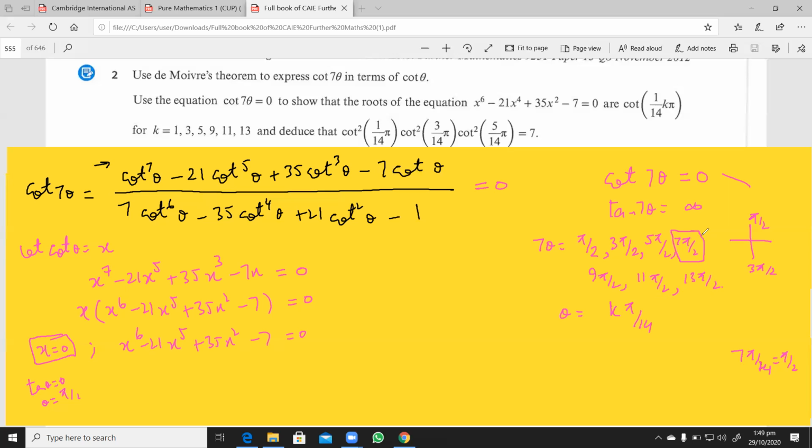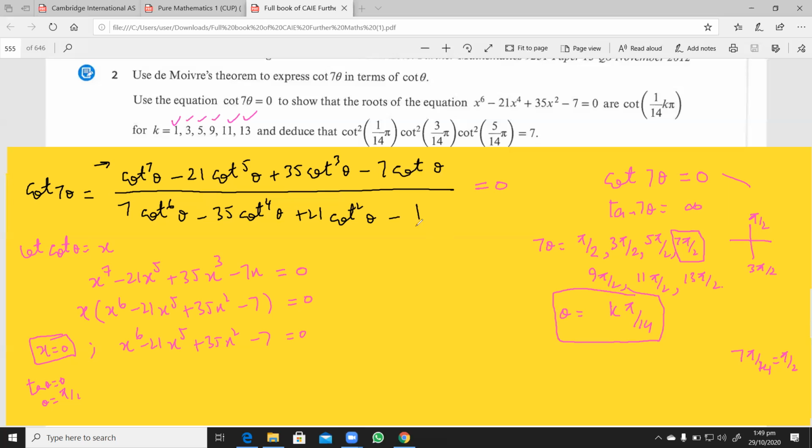So this is going to be going out of it. So you have now this, this is the solution for this power 6, x to the power 6 equation here. So this has to have 6 roots over here. So this is your 1, 3, 5, 9, 11, and 13. That is justified up to this.